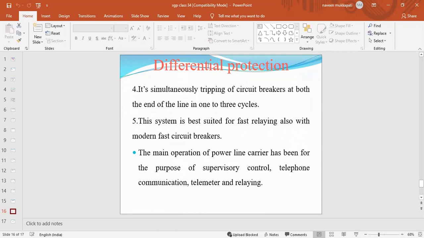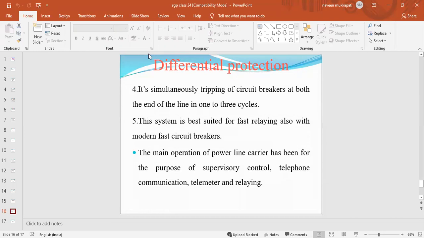By using the directional and the phase angle comparison methods, we easily operate the circuit breaker, or we easily give the indication to the circuit breaker. Okay, that is one of the main advantages in the case of carrier current differential protection.